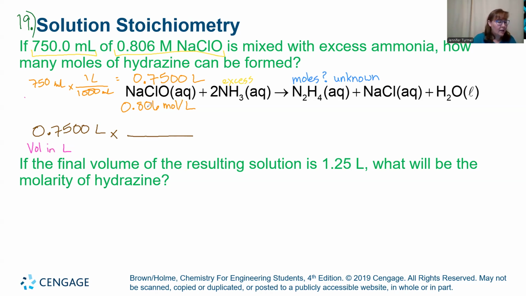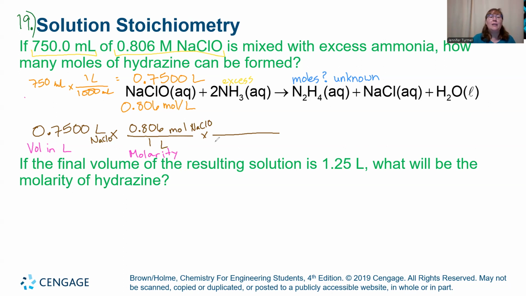The next thing that we need is our molarity, 0.806 moles per 1 liter. So this is our molarity. And I'm going to sneak in that NaClO here, that should have been in there as well.